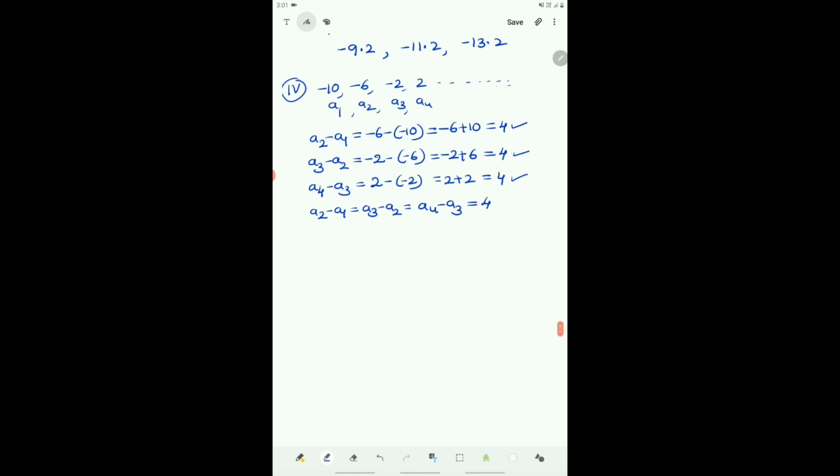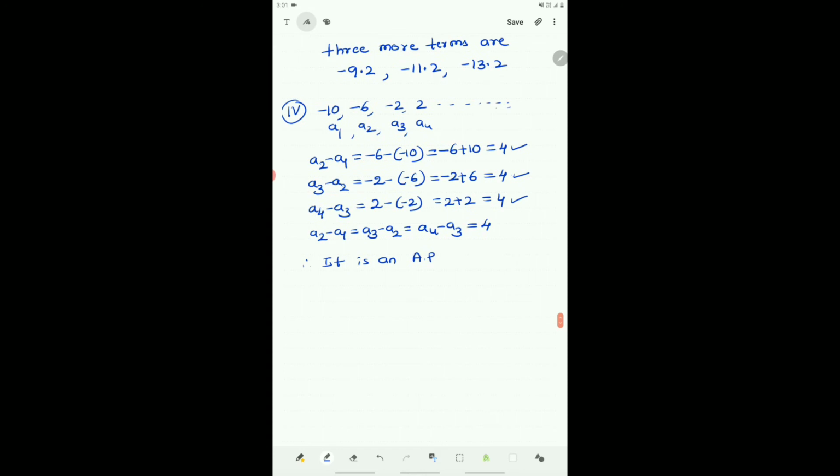So you can conclude the given list of numbers is AP. Therefore it is an arithmetic progression, AP.